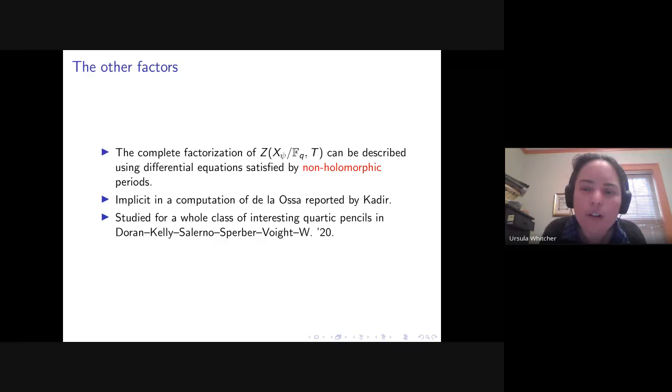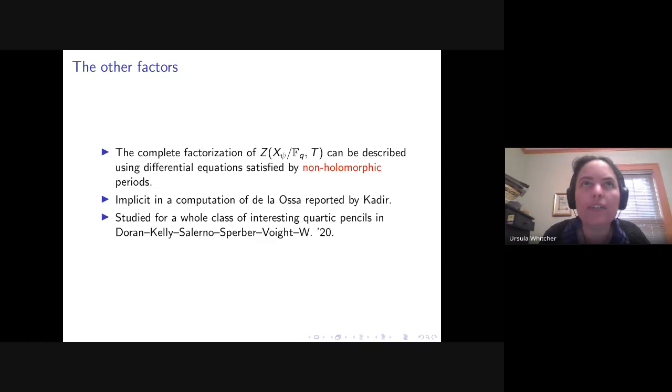If you look at just the quartic, that is something that Shabnam Kadir wrote down in her dissertation based on Zeta de la Asa's work. And then Chuck and Adriana and I and Tyler and John and Steve as well, we worked out what's going on for an entire class of interesting quartic K3 surface pencils.